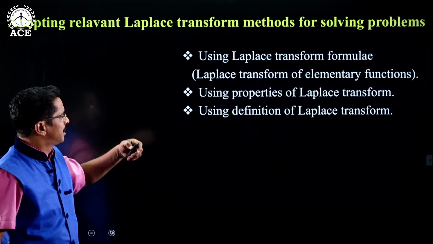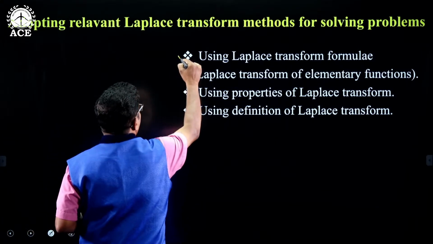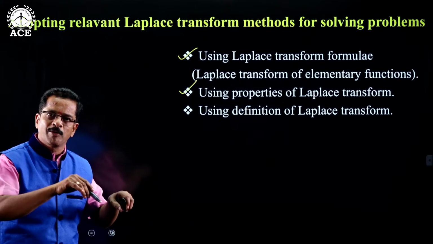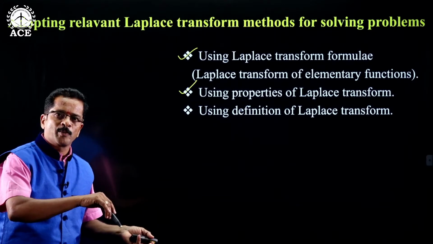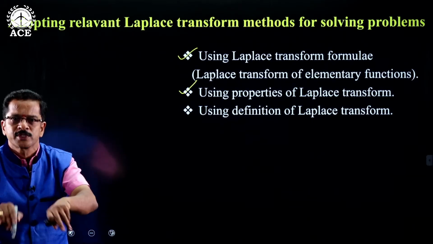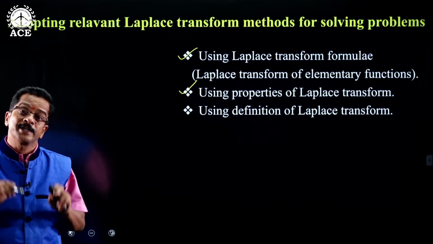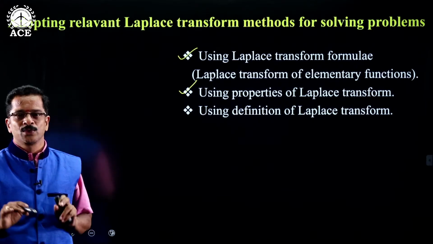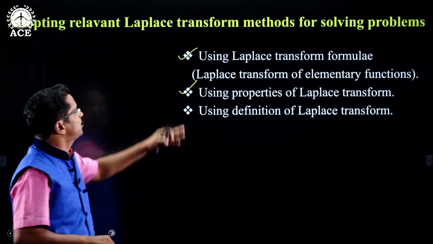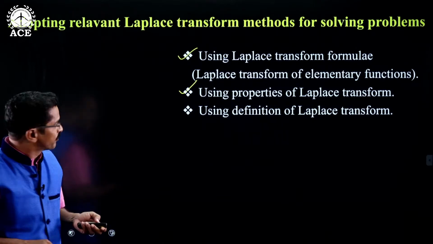It is a solution for every problem. These approaches are shortcuts. Using formulas we evaluate, using properties we evaluate. If that does not work, you approach the definition. The definition is the ultimate method, but it is time-taking and you come across difficulty. To avoid that difficulty, we use formulae and properties, right?